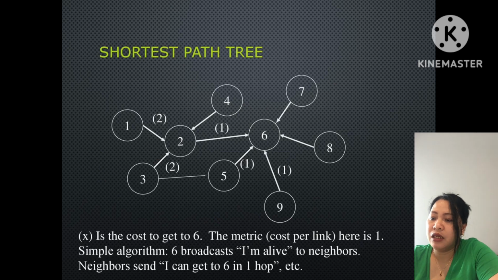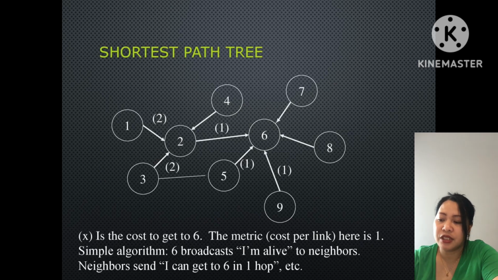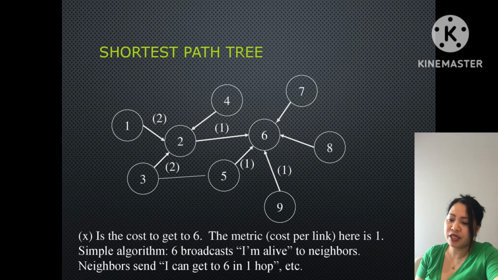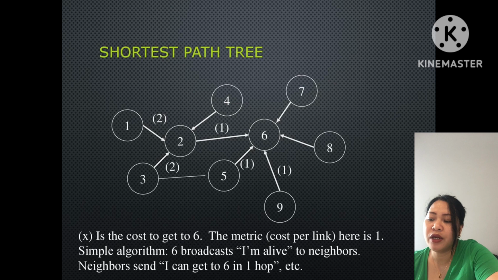The shortest path is 3. X is the cost to get to 6. The metric is the cost per link. Here is one simple algorithm: 6 broadcasts I'm alive to neighbors. Neighbors send: I can get to 6 in 1 hop, etc.